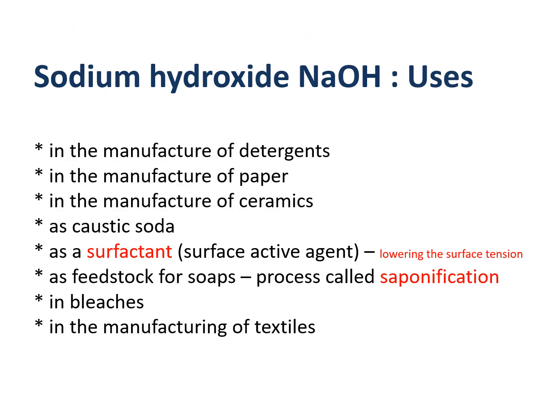The uses of sodium hydroxide, NaOH: in the manufacture of detergent, in the manufacture of paper, in the manufacture of ceramics. It's used as caustic soda. It's also called a surfactant, which means a surface active agent that lowers the surface tension.